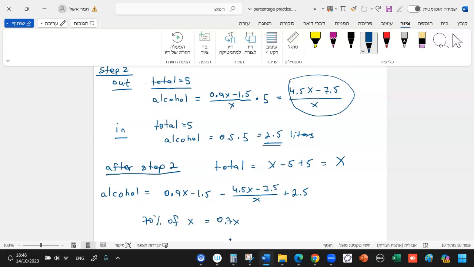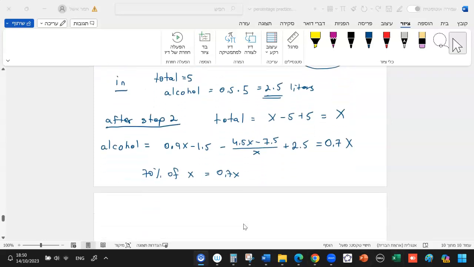So I can write here that the amount of alcohol in the container equals 0.7x. And here we have an equation. It's a little bit complicated equation, but still we can solve it and find x.